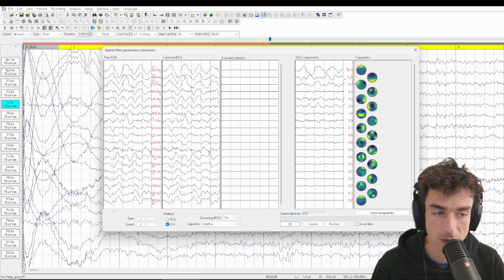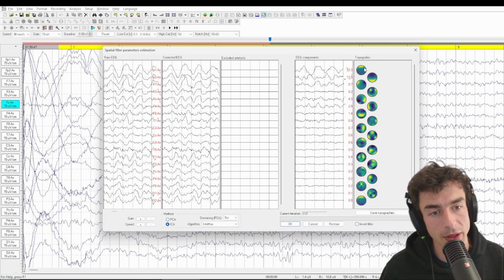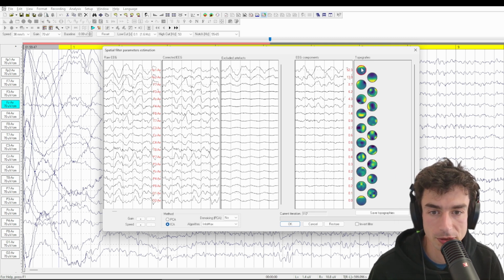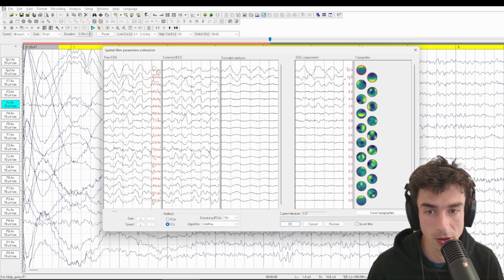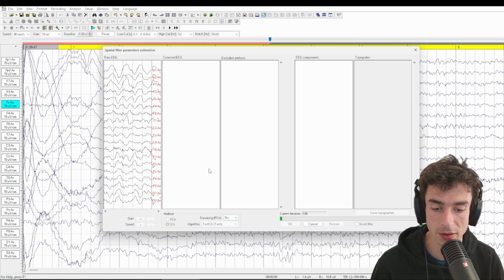So what I'm going to do now is, because I would rather not remove that frontal midline theta quite so much, even though we're really only removing it from the FP1 and FP2 sites, I'm going to switch over to the TON algorithm and keep it on the same epoch.